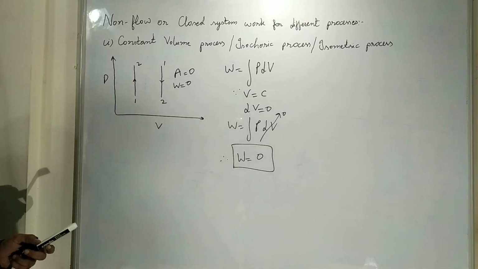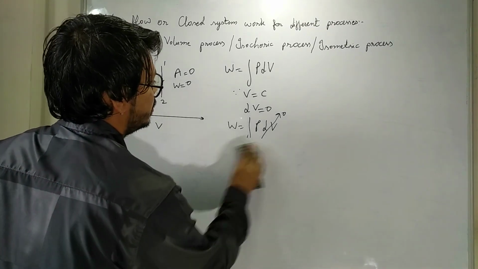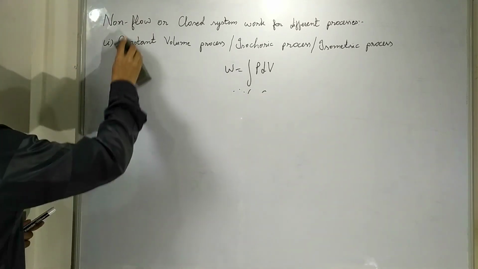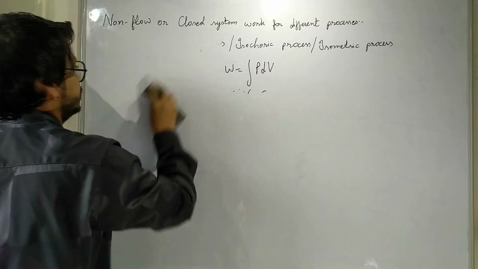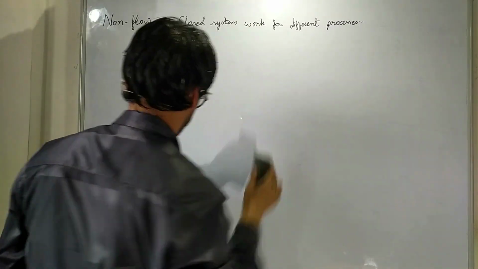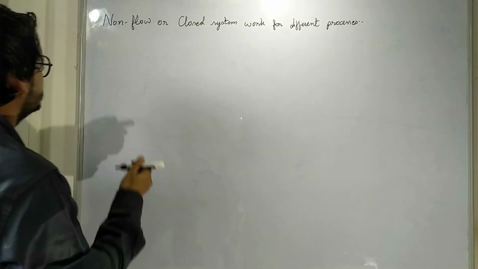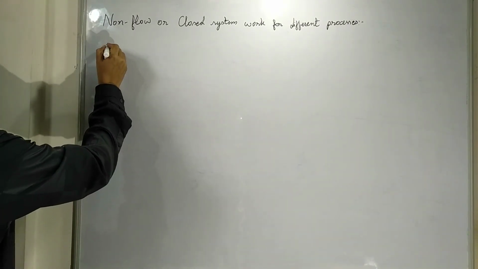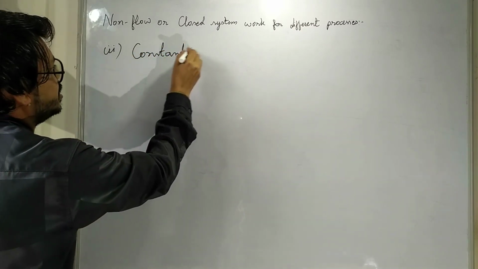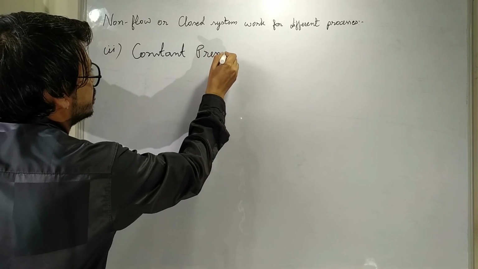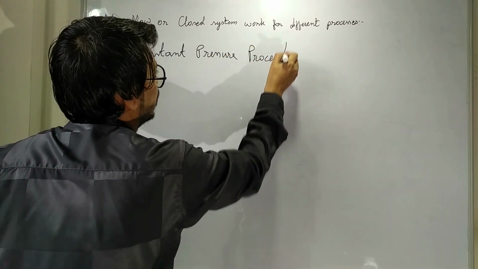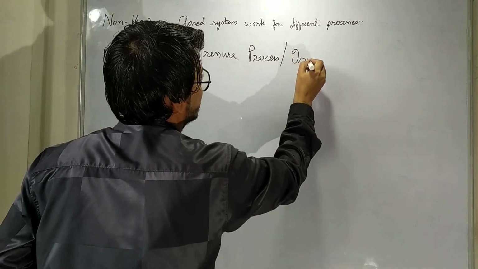Now we will see the next process. Second is constant pressure process or isobaric.